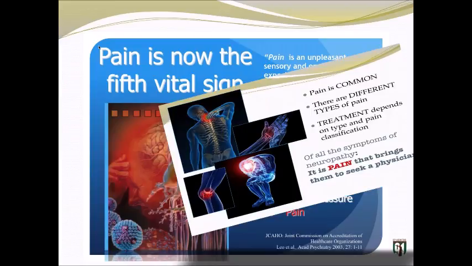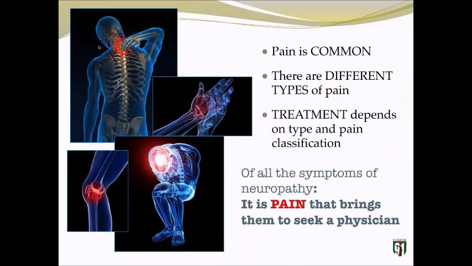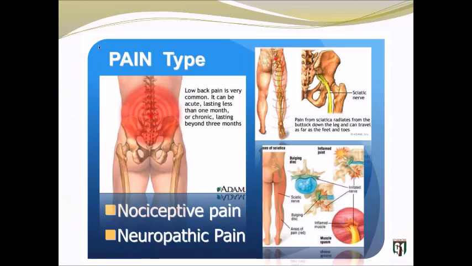You know that pain is common, and there are different types of pain, and treatment depends on the type and classification of their pain. Of all the symptoms of neuropathy, it is actually the pain that brings them to see us. Our topic is on neuropathic pain, and we need to differentiate it from nociceptive pain.